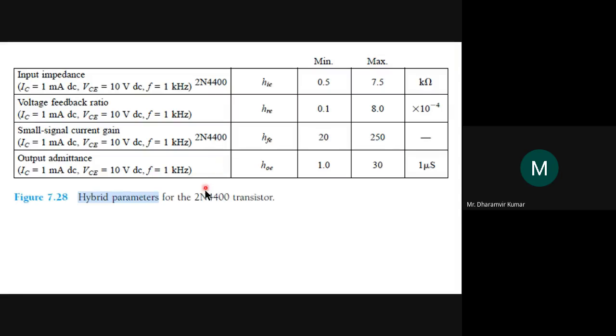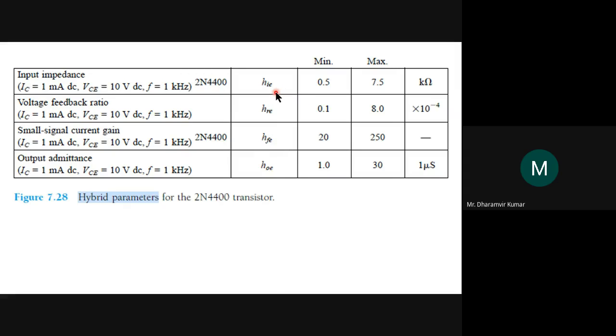This table I have inserted here shows the hybrid parameters for the transistor 2N4400. This is an NPN transistor, and these are the four H parameters with typical values.